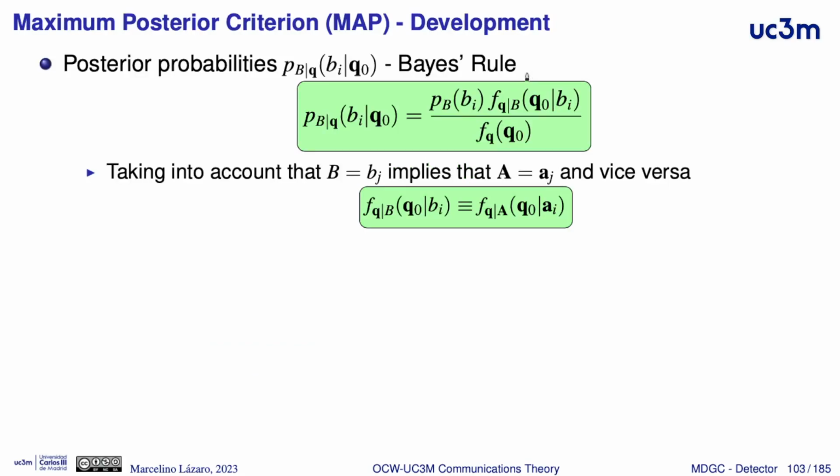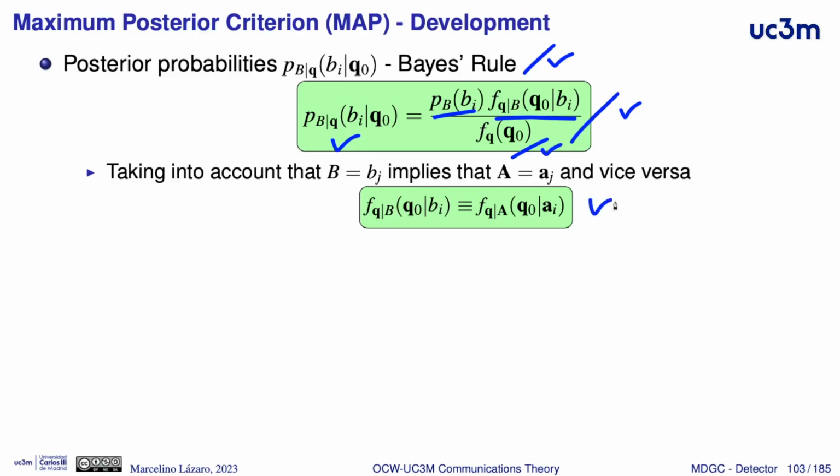Now we'll use the Bayes rule to rewrite the posterior probability of the symbol BI as the ratio between the product of the prior probability of symbol BI times the conditional distribution of the observation given the symbol, divided by the marginal distribution of the observation.